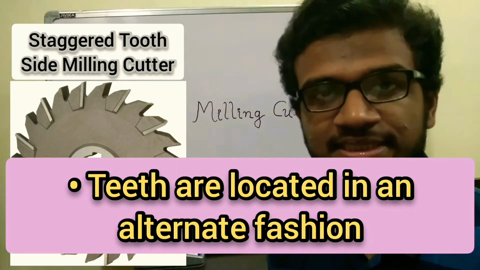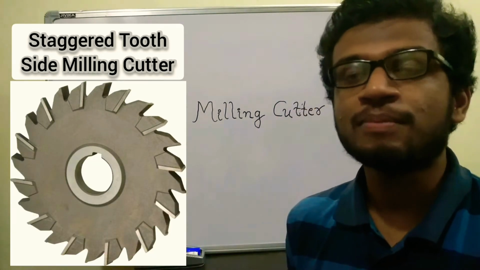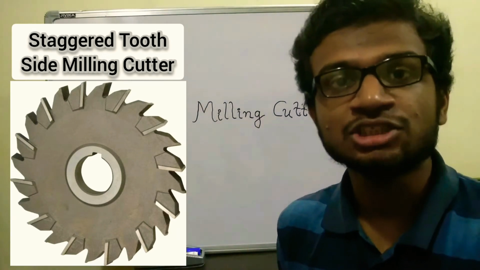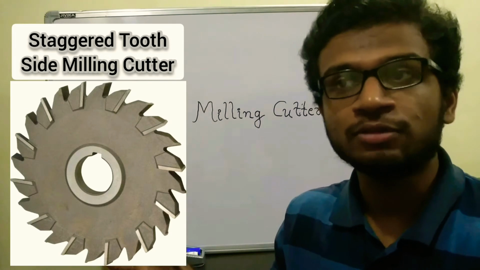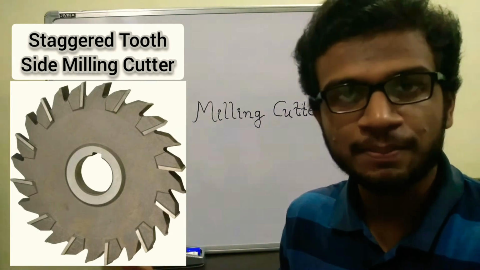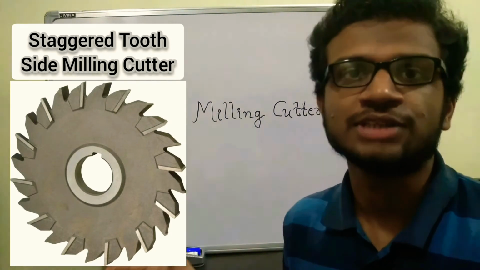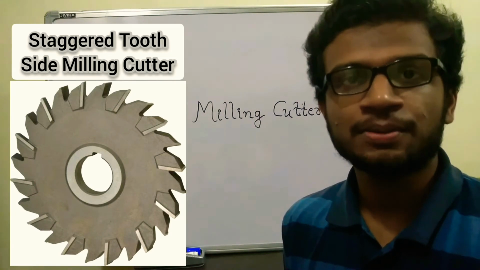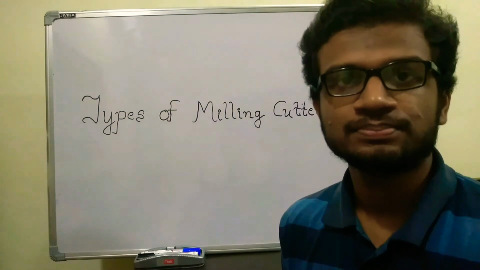For instance, if the cutting edge of a particular tooth is located on the front side, then the cutting edge of the very next tooth is located on the opposite side. Such is the structure of the staggered tooth side milling cutter.